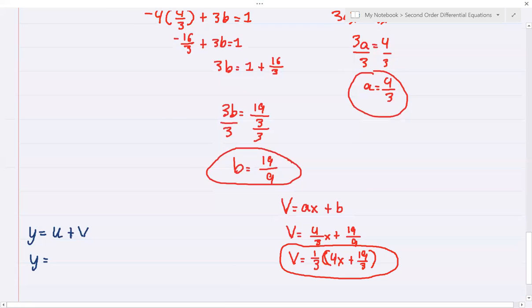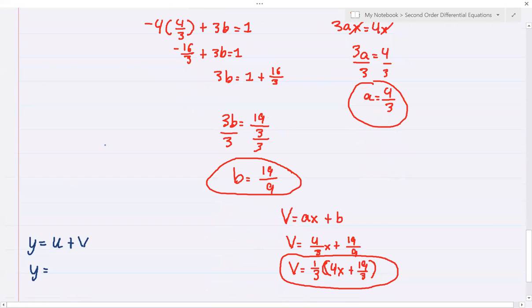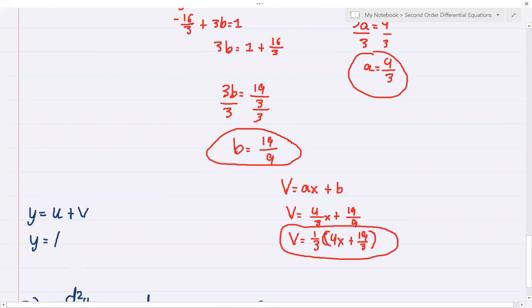Your u is a e raised to 3x plus b e raised to x. So this would be a e raised to 3x plus b e raised to x plus your v, which is 1 third times the quantity 4x plus 19 over 3.